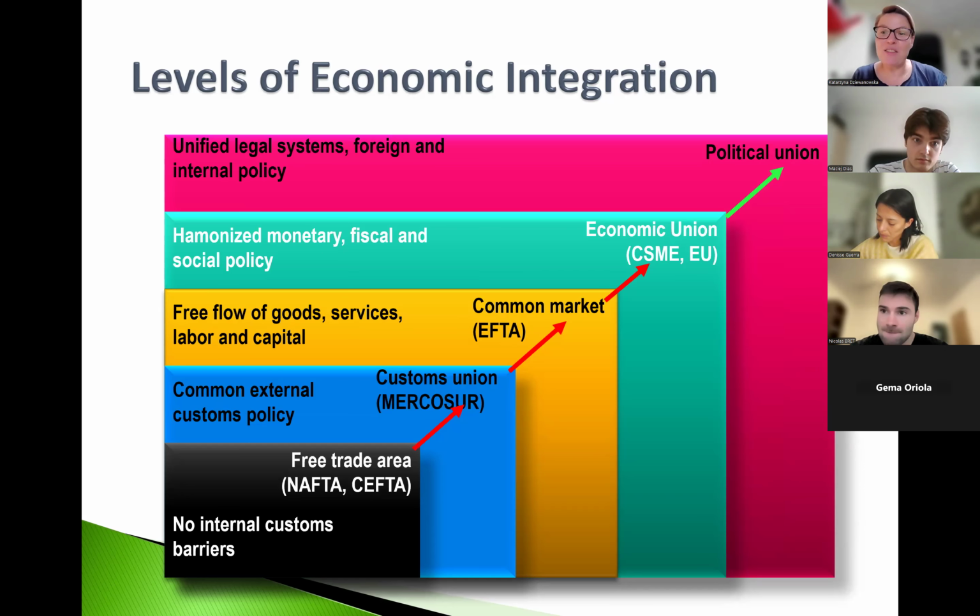The only one that I can think of is the United States, which is actually a single country, but it is a country that operates on political union premises, because they have those states that have their own regulations, and then you have regulations on the federal level. So it combines all of the below, plus gives you unified legal, foreign, and internal policies, right? So that's what you might look into to make sure that your operations are easier.